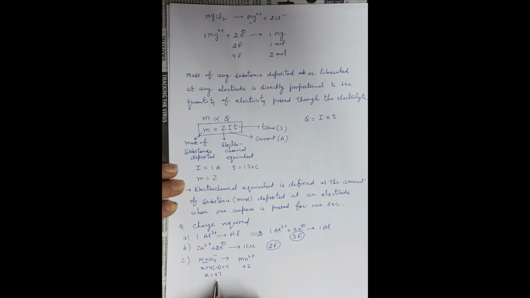It is 5 electrons. So you may write down here 5 electrons. What is the charge on 5 moles of electrons? It is 5 Faraday. So in order to convert 1 mole of permanganate ions to 1 mole of manganese, you need 5 Faraday of charge. And how to convert 5 Faraday into coulomb? 5 into 96500 coulombs.